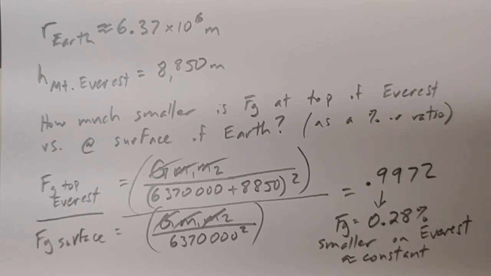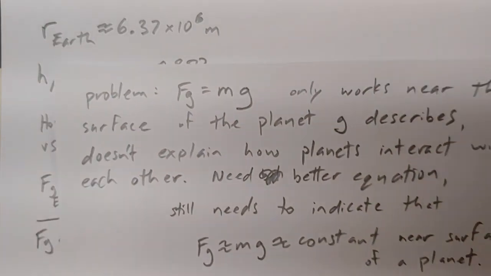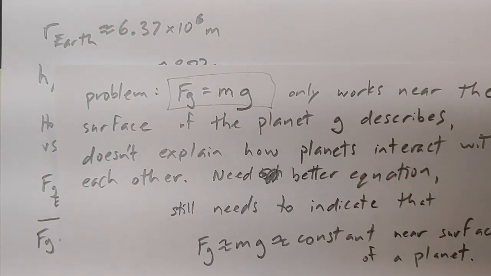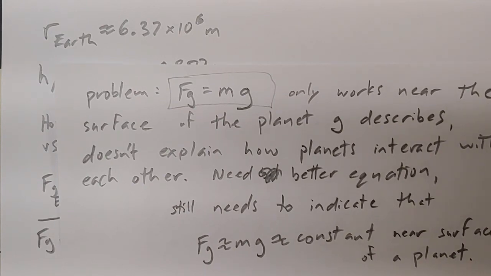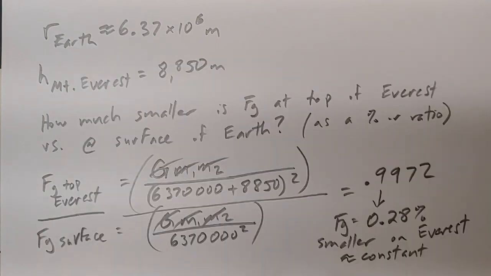And so our simpler equation, force of gravity equals mg, is just fine as long as you are dealing with earthbound objects and things that people interact with in their everyday life if they are not astronauts.